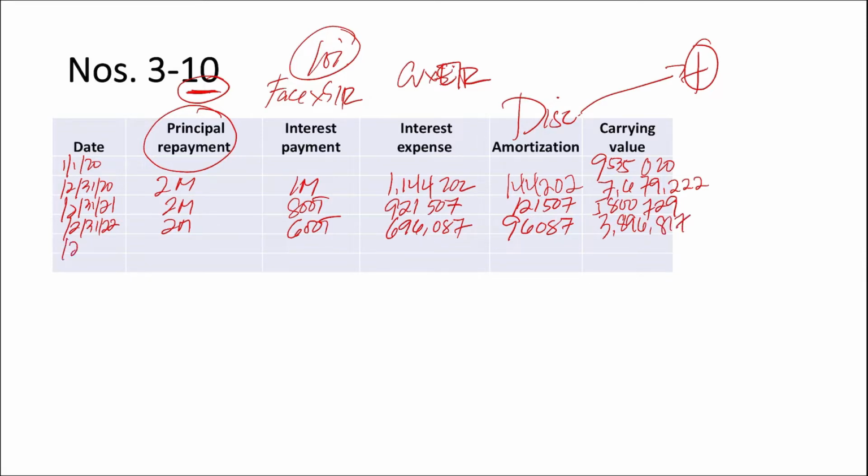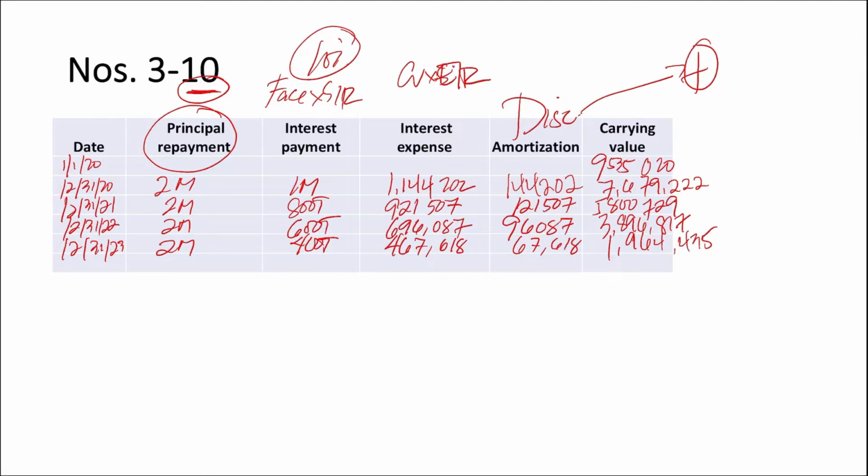Last two. Principal repayment, 2 million. Interest, 400,000. Interest expense, 467,680. Amortization, 67,618. Carrying value, 1,964,435.